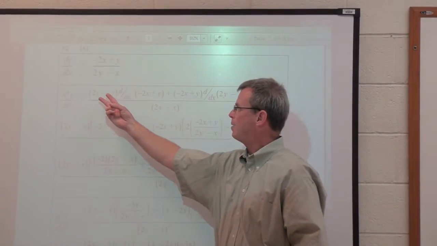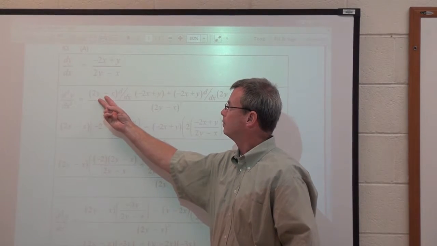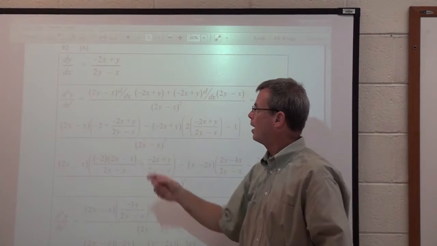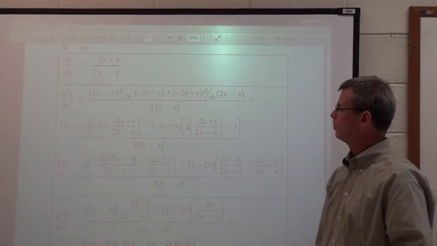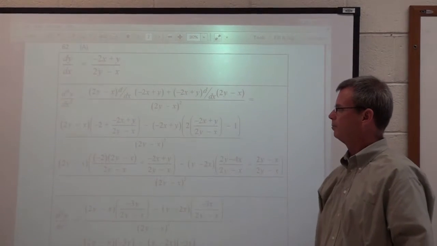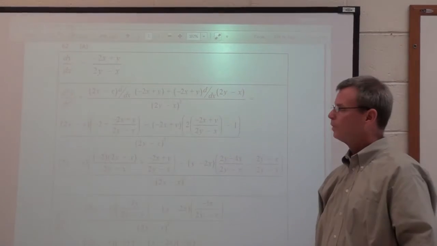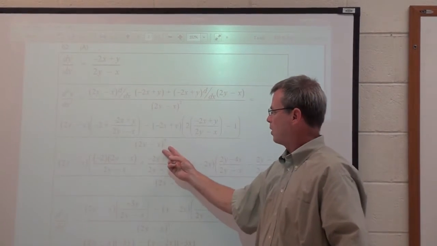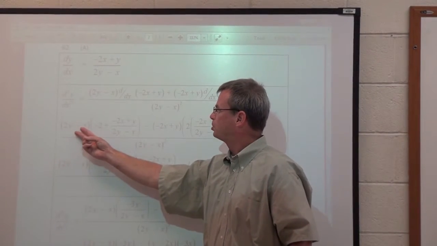We paste the denominator and multiply it by the derivative of the numerator plus the numerator times the derivative of the denominator. So as I'm doing that, this over the denominator squared, I bring down the first term.